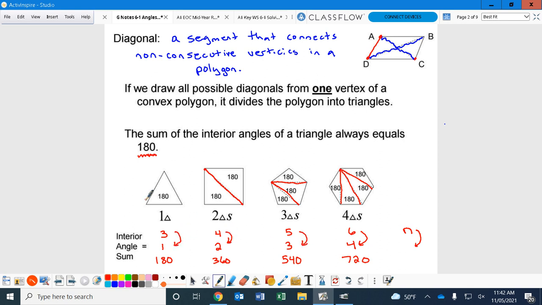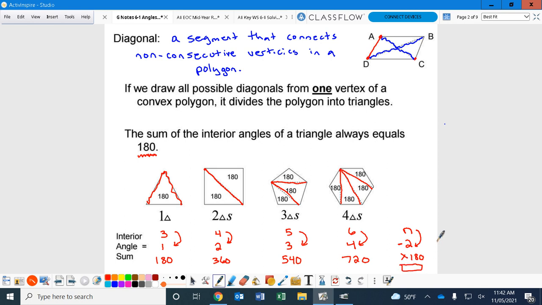Because the 2 sides that connect to that one vertex are used for the sides right here, so they can't be diagonals. So whatever the number of sides is, minus 2 is going to give you the number of triangles. And then what do we do with that number once we get it? Multiply by 180 to get the total amount.